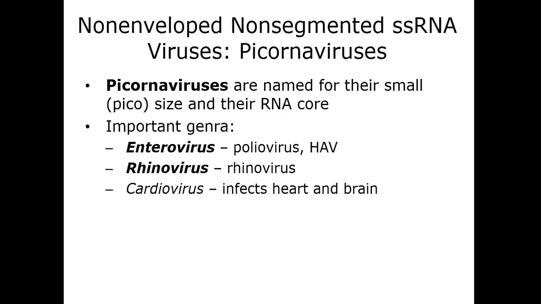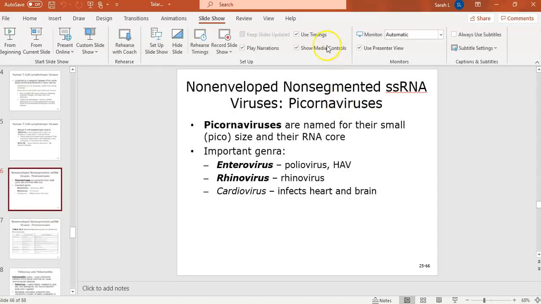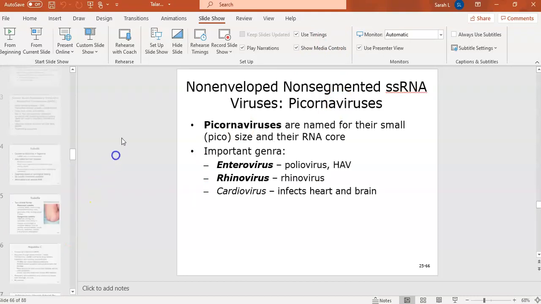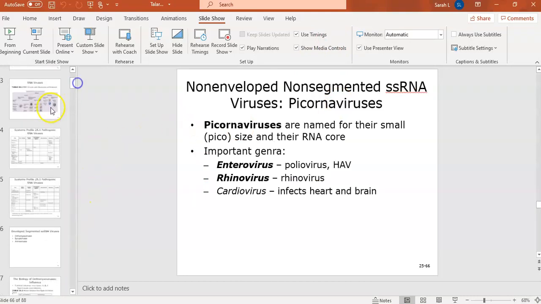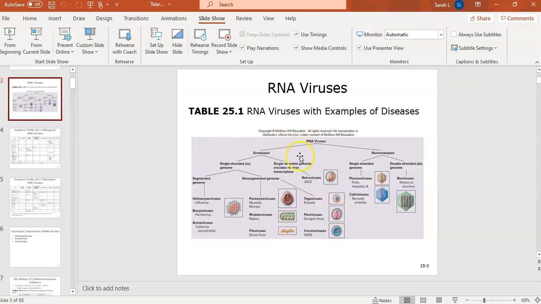The next part, so we're going to start to shift a little bit now. If I scroll all the way back up top, we go back to our original image. We've now covered the enveloped side of our dichotomous key here, looking specifically at the single-stranded and segmented, non-segmented in our retroviruses.